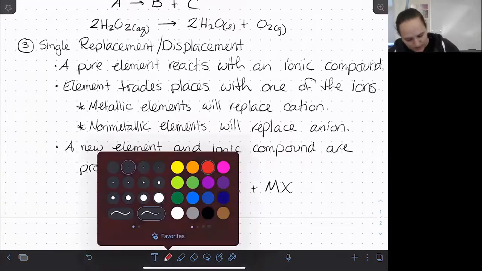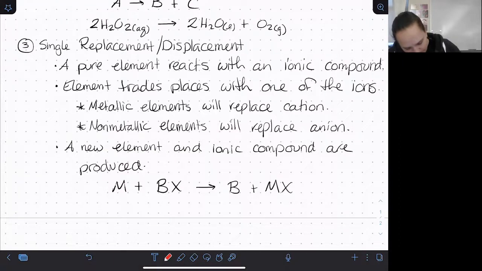If this one element by itself is a metal, that means it's going to trade places with my cation, because metals always form positive charges when they form an ion. So the metal and the cation are going to swap places. Whatever was the cation in my ionic compound is now going to become an element by itself, and the thing that was an element is going to become the cation in my new ionic compound.